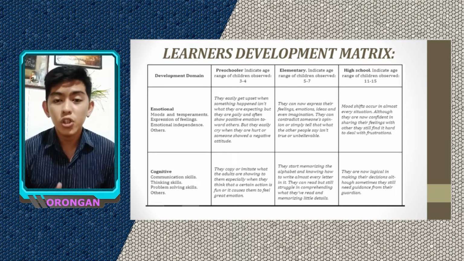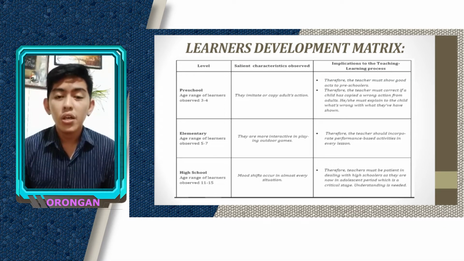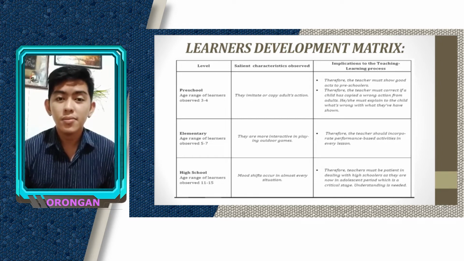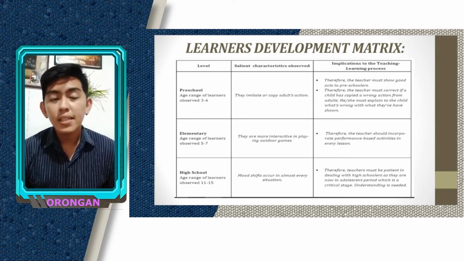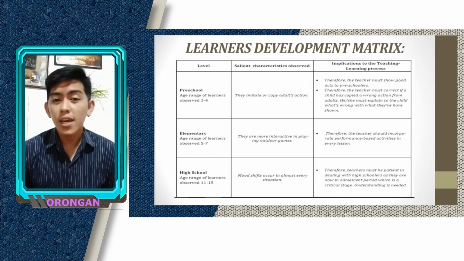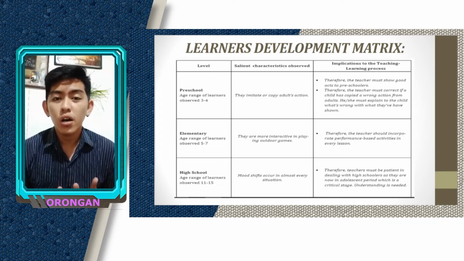So the implication to the teaching learner process ng preschool: therefore, the teacher must show good acts to preschoolers. So that's right. And the teacher must correct if a child has copied a wrong action from adults. He or she must explain to the child what's wrong with what they have shown. So yes, that's true. Dapat as a future educator and teacher, dapat i-guide natin yung mga bata sa tama.